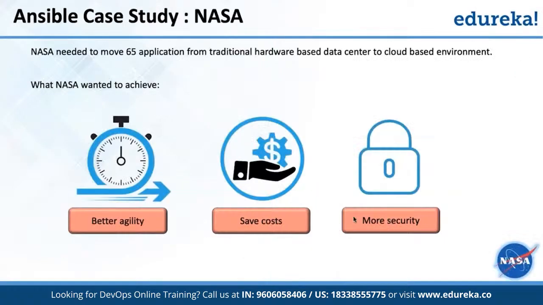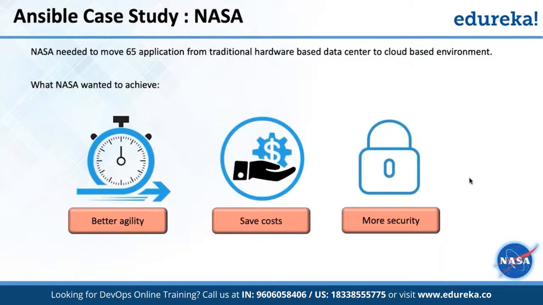Let's talk about a case study of how organizations using Ansible are saving time and making their life easy. NASA, the National Aeronautics and Space Administration, the US space agency, wanted to move 65 applications from traditional hardware servers to a cloud-based environment. At the same time, they wanted to save some cost.